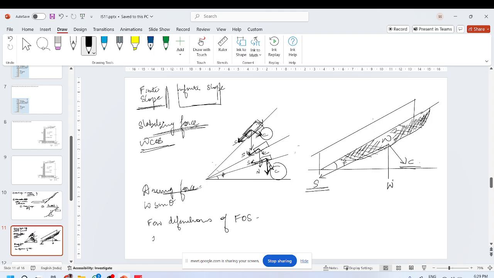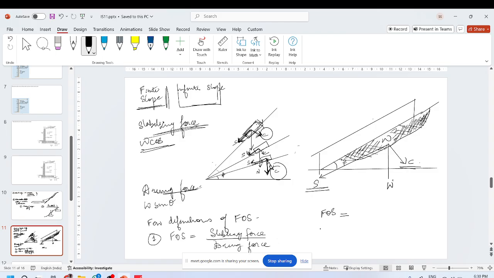One of the definitions is that factor of safety is equivalent to your stabilizing force over driving force.